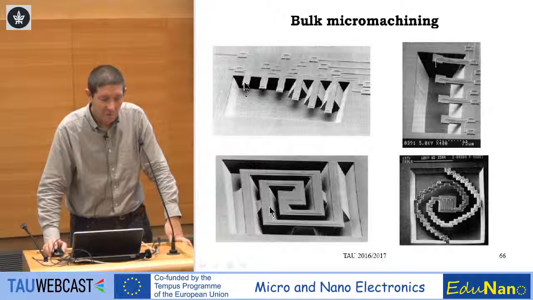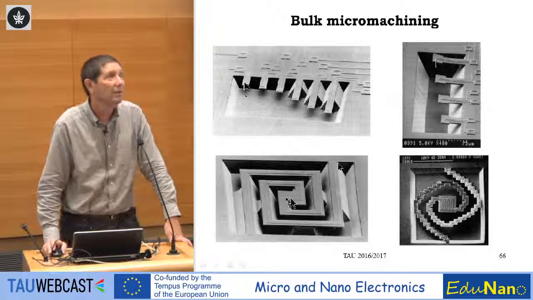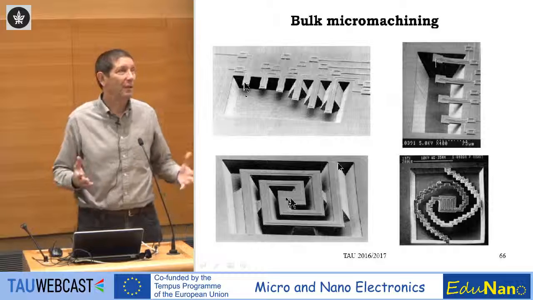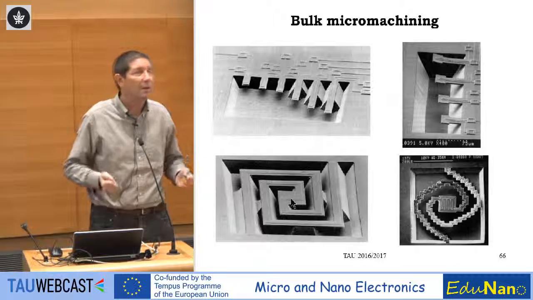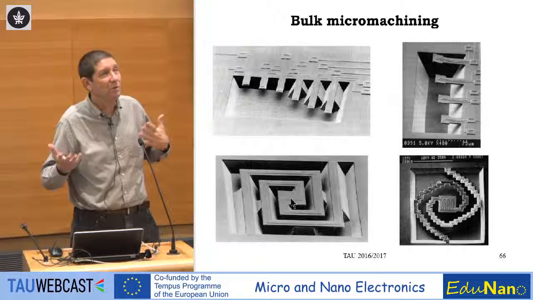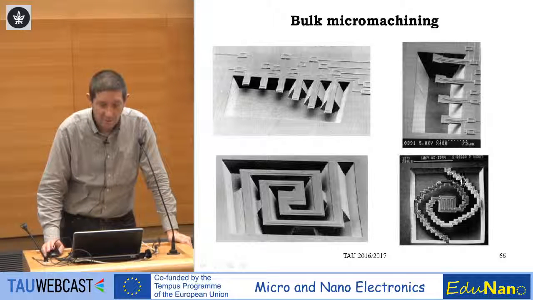You can make, for example, this structure. This is like a spring. And you know that every spring has a resonating frequency. You can use it for applications where you use the resonance properties of these materials. Or if you really want to make it crazy, this is another structure.